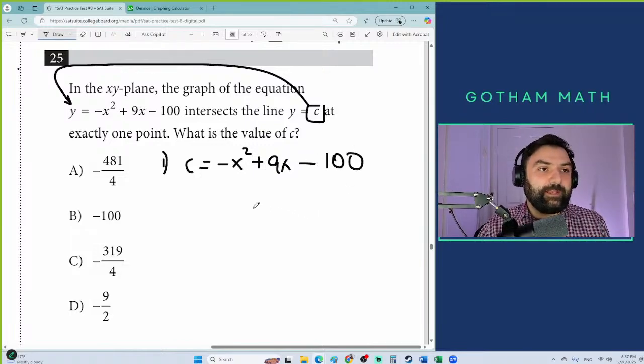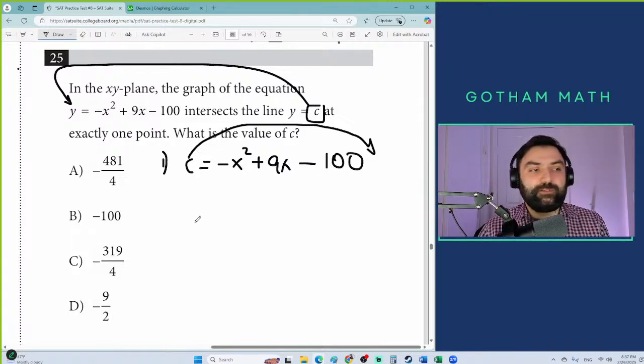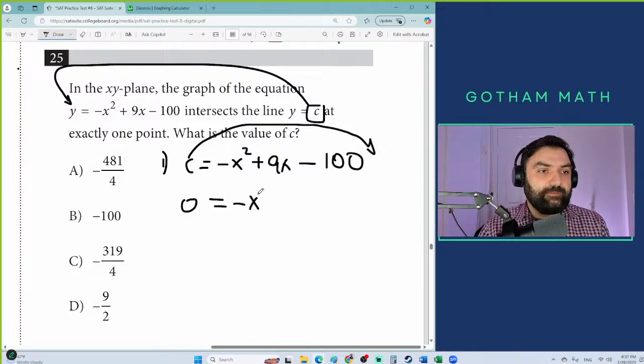What will happen now is we're going to transfer c to the right side next to the 100 to equal everything to 0. So it's going to be 0 equals negative x squared plus 9x minus 100 minus c.